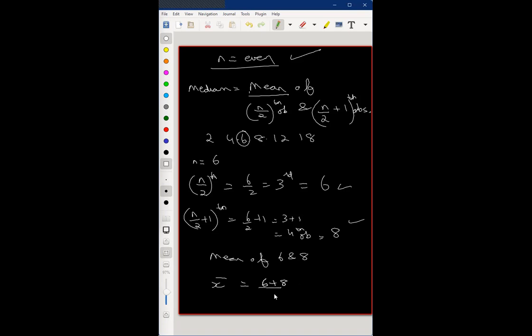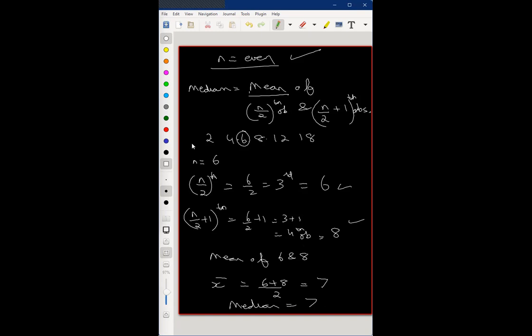There are only two values, so won't it be just 6 plus 8 divided by 2? Yeah. 14 divided by 2, 7. So in this case, the median is 7. Even though we don't have a value called 7 here, the median we find is 7. Okay. Is this clear, everyone?